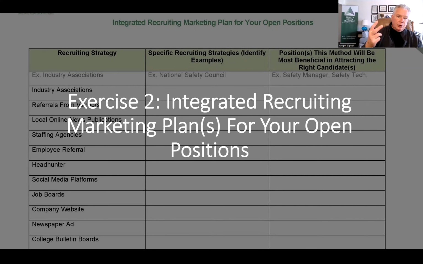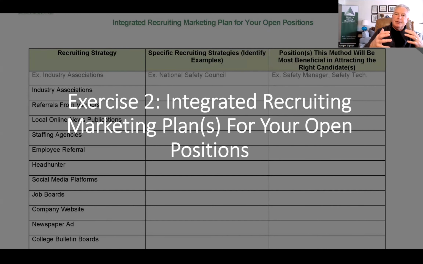Exercise number 2 is then, when you think about the integrated recruiting and marketing process for any open positions you have, which ones make sense? Let's go through and think about what positions those work for, and any ideas or resources that you need to be utilizing that you haven't utilized in the past to enhance your recruiting process.